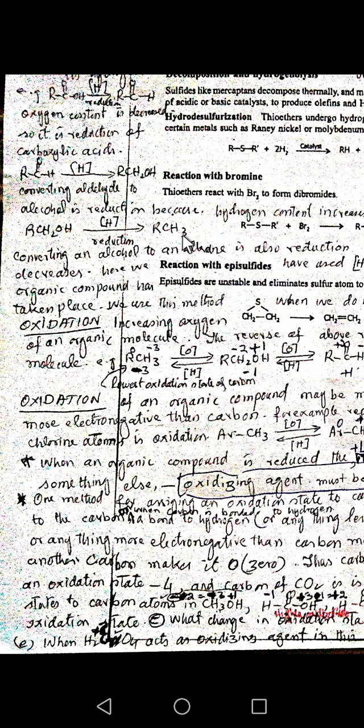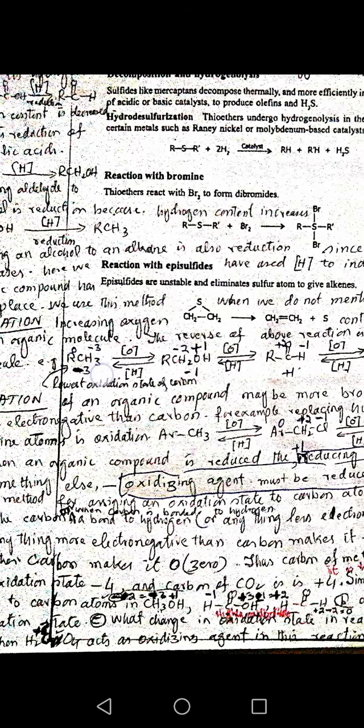Sum of the -3 and 0 is -3. So -3 is the oxidation state of the carbon in RCH3.